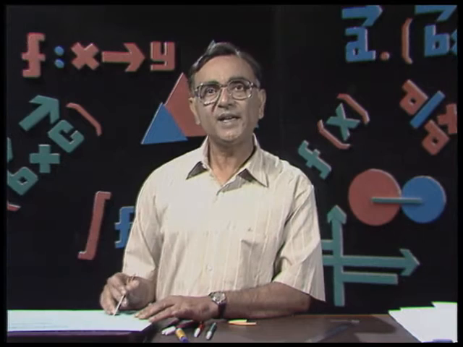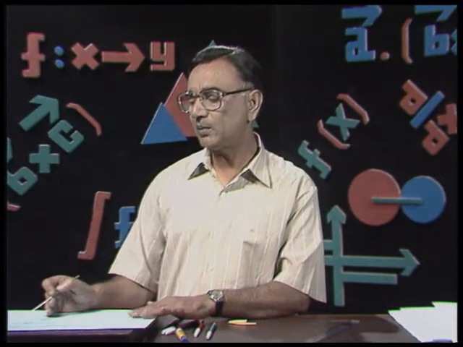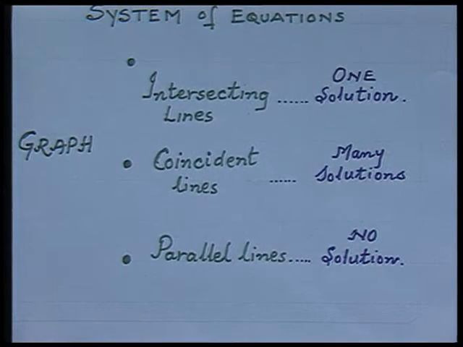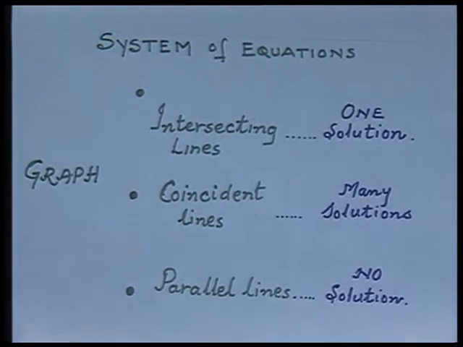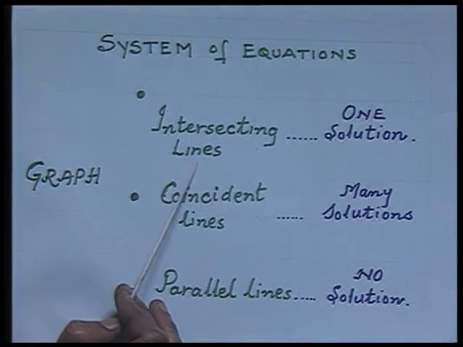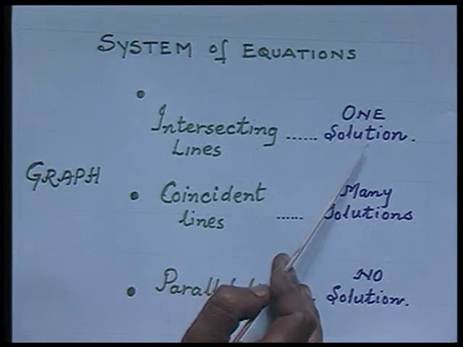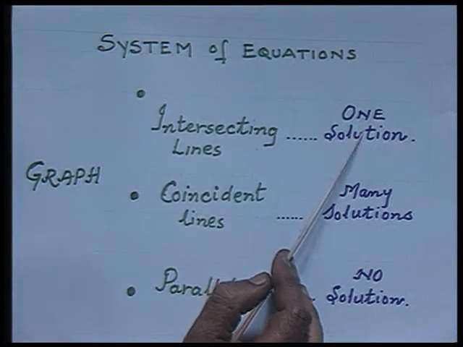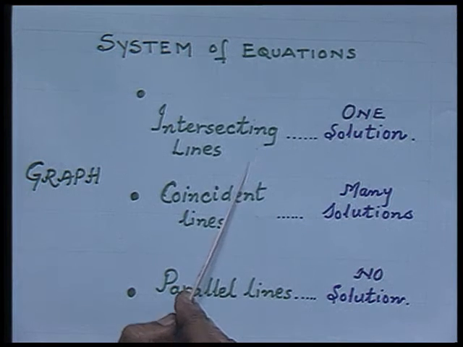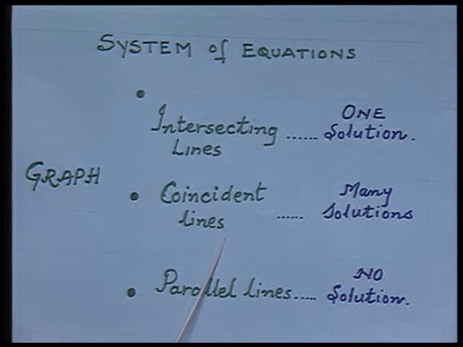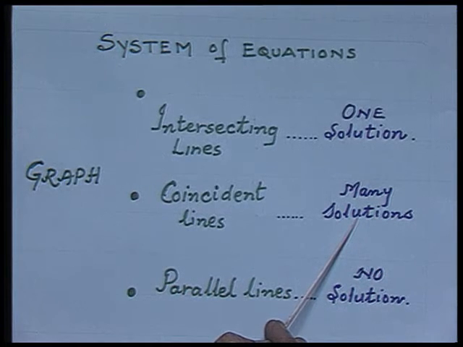So once again let us revise what a system of equations is. For a system of equations, in case we happen to plot the graph, the intersecting lines will be representing one solution, that is, that ordered pair will be satisfying both the equations, and if the lines are coincident lines, then the system will have many solutions.